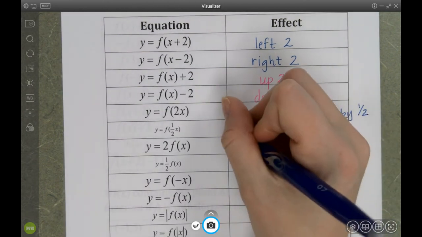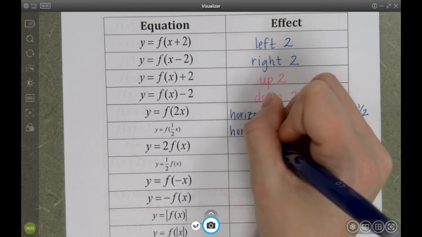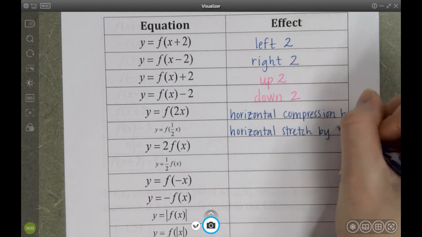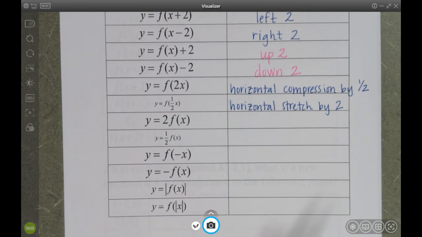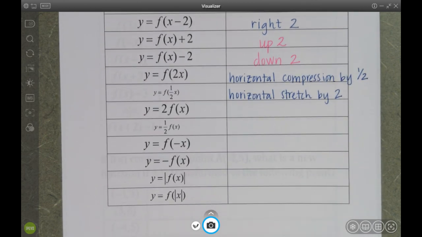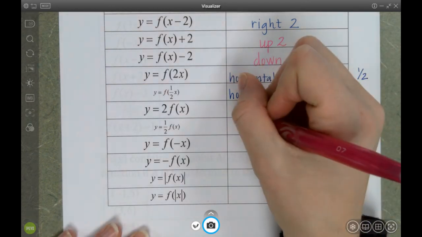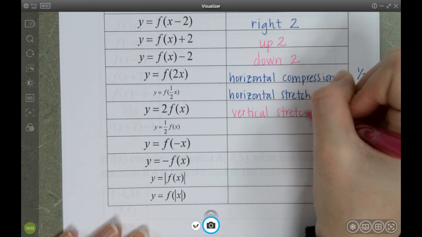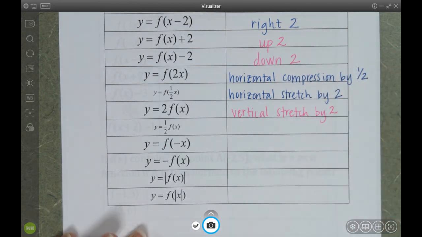Horizontal stretch by 2. Okay, what about that 2 in the front? Yep, that was vertical. So that's a vertical stretch by 2, which means the 1/2 was a vertical compression.